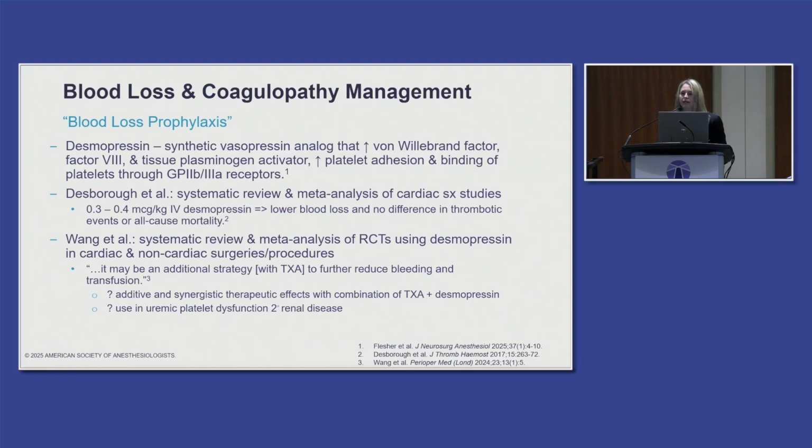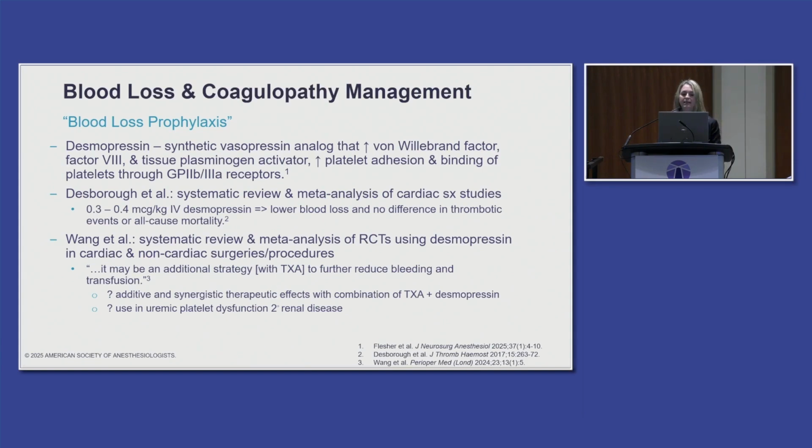Another component for blood loss prophylaxis could perhaps be the synthetic vasopressin analog desmopressin. Desborough et al. performed a systematic review and meta-analysis in cardiac surgery studies and reported that 0.3 to 0.4 mcg per kilo IV desmopressin leads to lower blood loss and no difference in thrombotic events or all-cause mortality.